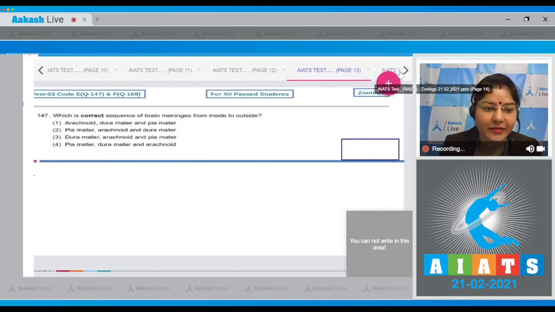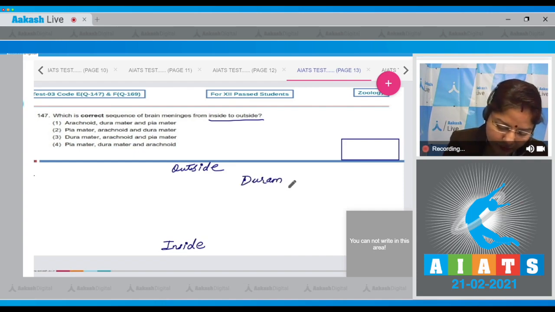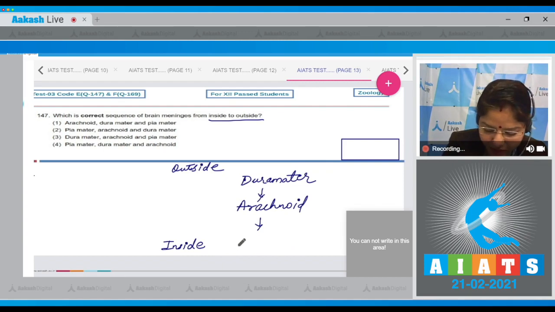Question number 147. Which is correct sequence of brain meninges from inside to outside? If we see brain meninges from outside to inside, then first is dura mater, then next arachnoid, and the meninx which is closely invested on outer surface of brain is pia mater.